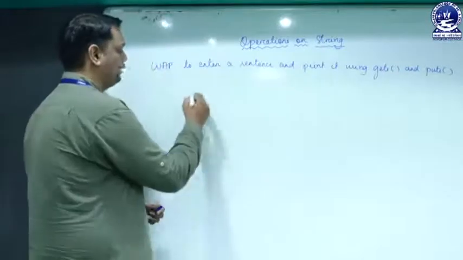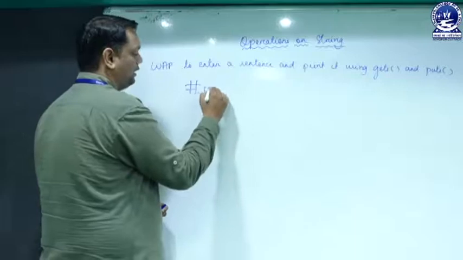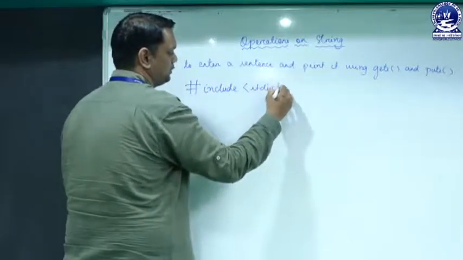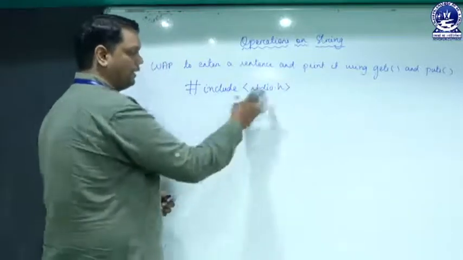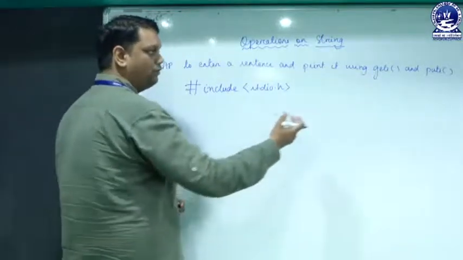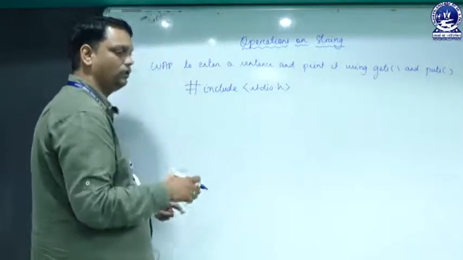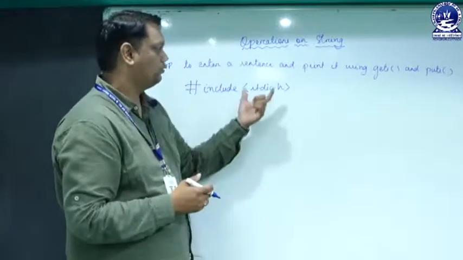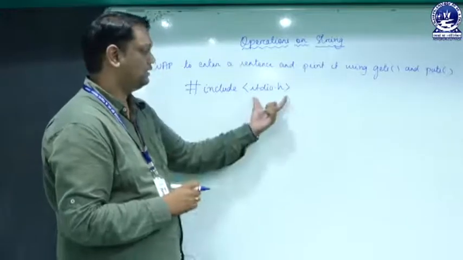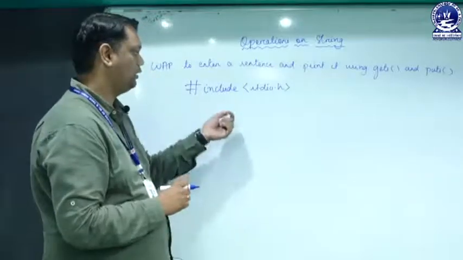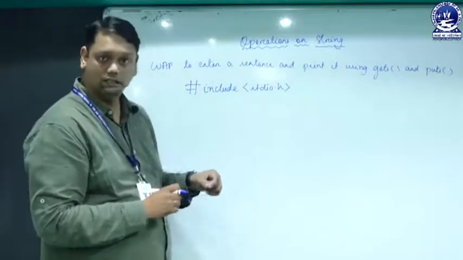As we know, the program starts with #include stdio.h, which is the general header file for writing a C program. But whenever we are using the gets function or puts function, we need another header file, that is string.h, because the gets function and puts function are contained inside the string header file.